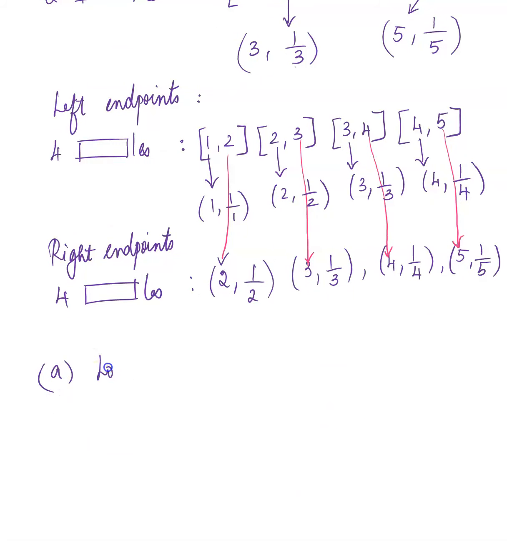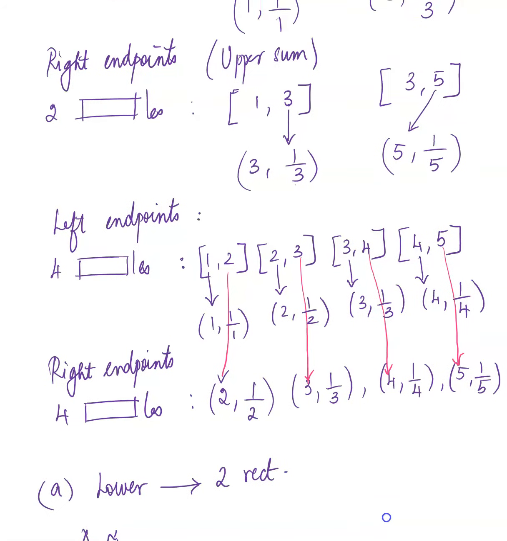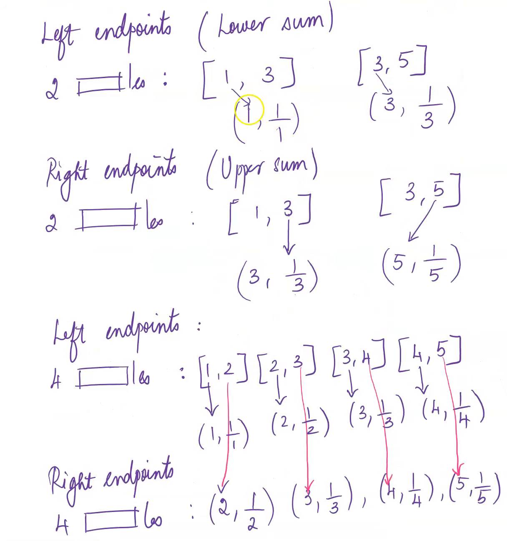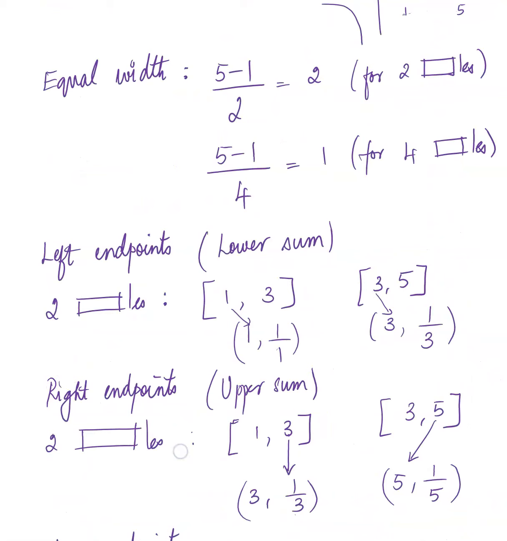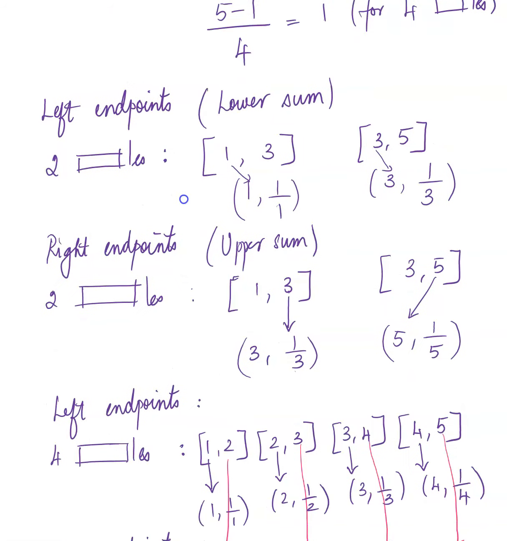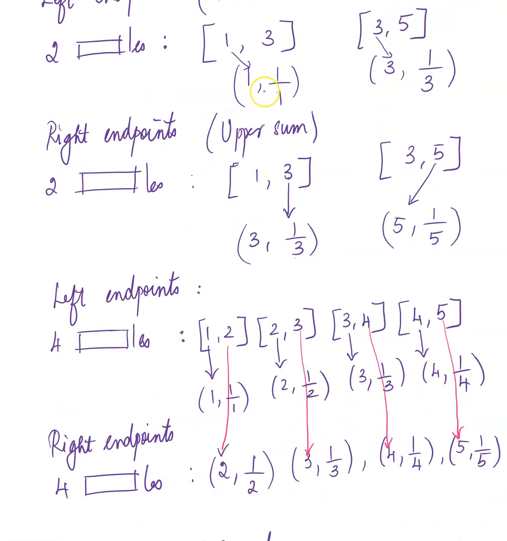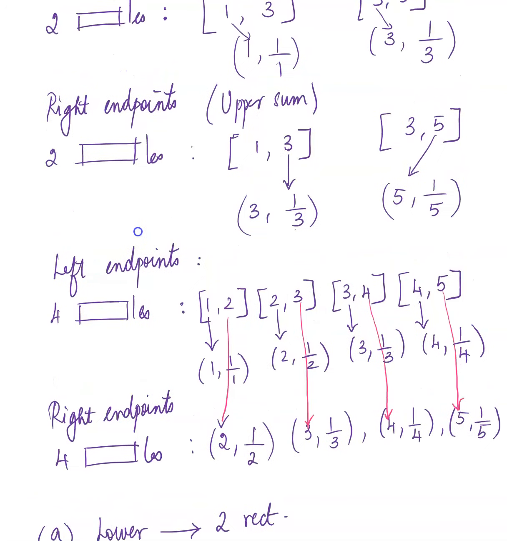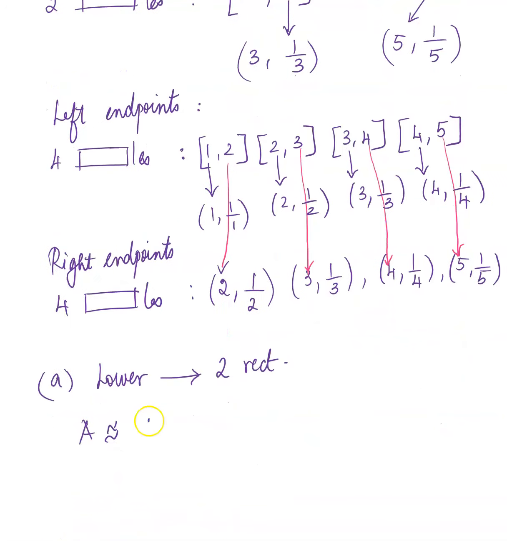A was lower with 2 rectangles. That means my area, we go back, quickly reference it. So the width is, again, the equal width was 2, so it's always a 2. 2 times 1 over 1 plus 2 times 1 over 3.